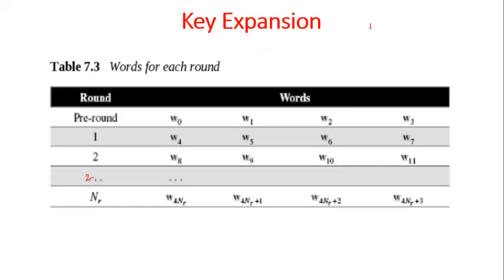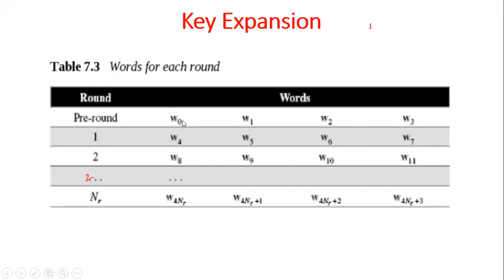So in key expansion, the first sub key is used for the pre-round. Before the round, we just add the round key with the plain text. So that is called pre-round. And in further rounds, we use further keys of 128 bits. Here it is represented in terms of words, W0, W1.